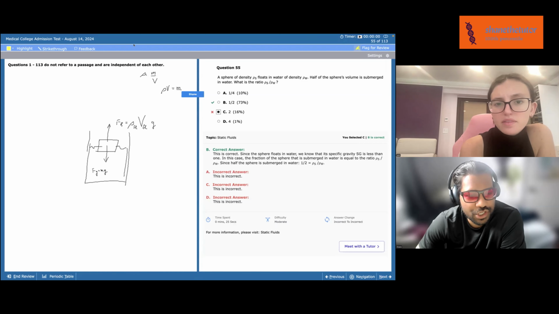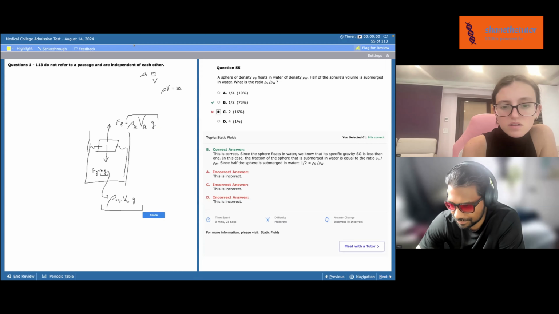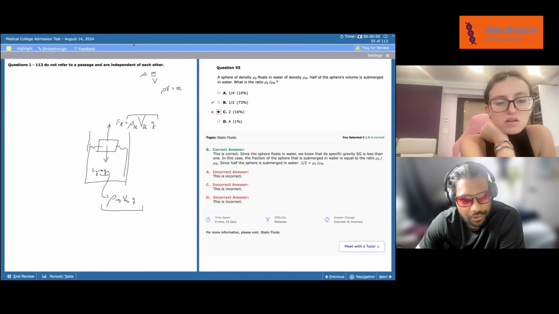So this mg here, we can equate to the density of the object times the volume of that object times g. So now this enables us to use this and this together.